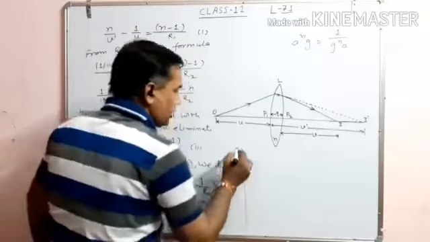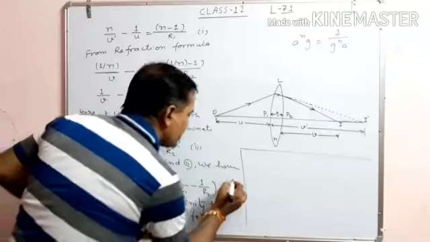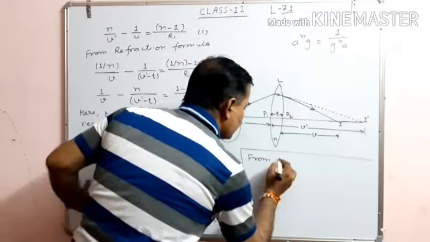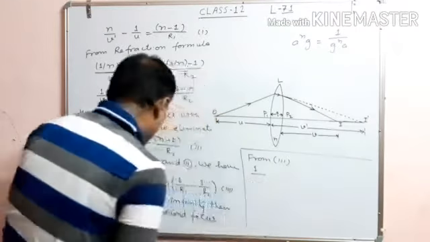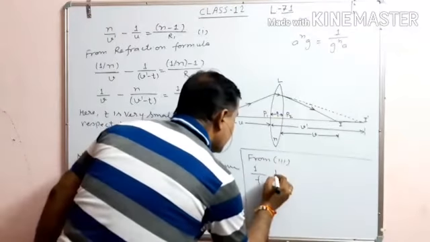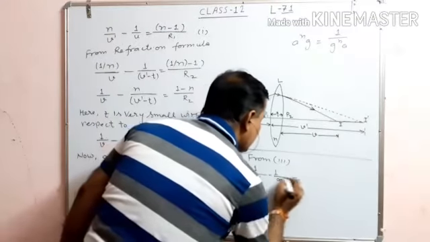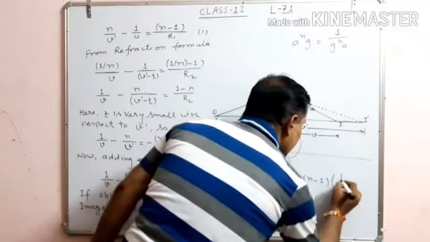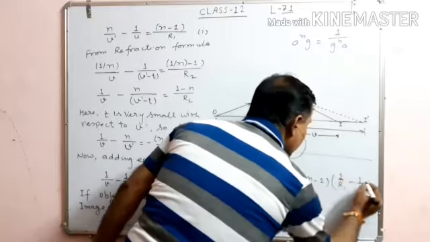From this condition, in the third equation, 1 upon v, that is here f, minus 1 upon u, that is infinity, is equal to n minus 1 times 1 upon R1 minus 1 upon R2.